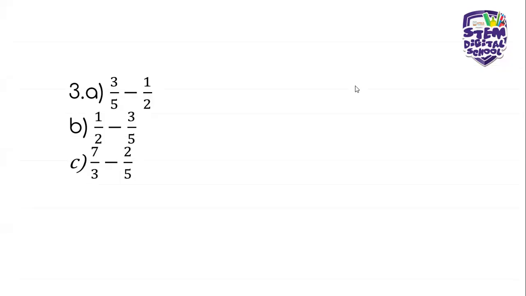Right, and then the second one, again, you can see we've just swapped the two fractions. We've got half minus 3 over 5. So basically, the lowest common denominator will still be the same. It will be 10, except that we have now swapped the fractions.